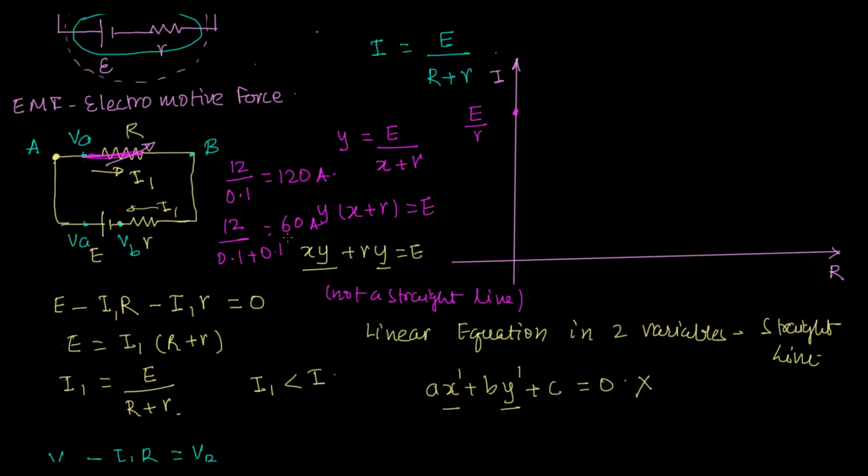Now 60 amperes. Now what is the joule heating in this? It is I square R. So that is 3600 into 0.1. That is nothing but 360 watts. 360 watts. Okay, that's a lot of heat.